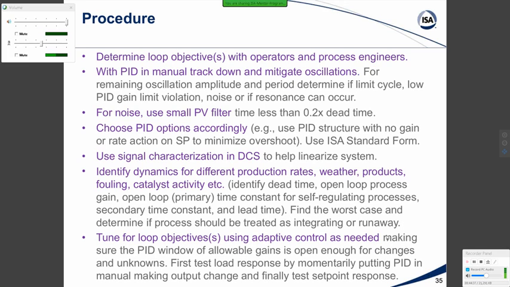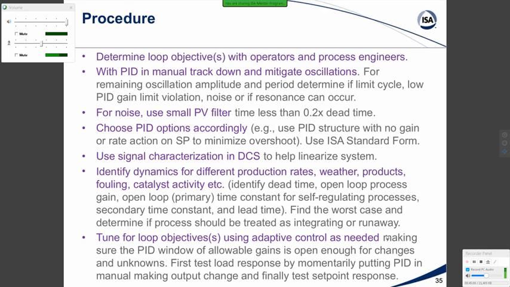Tune for loop objectives. Using adaptive control is necessary to ensure the window of allowable gains is open enough for changes and unknowns. And I would go with what Shinskey said, which is first test the load response by momentarily putting the PID in manual, just for a second or two, making the output change, and then after that, test the set point response as well.